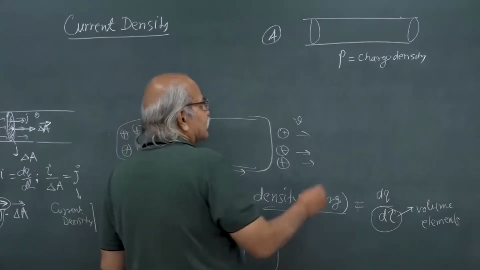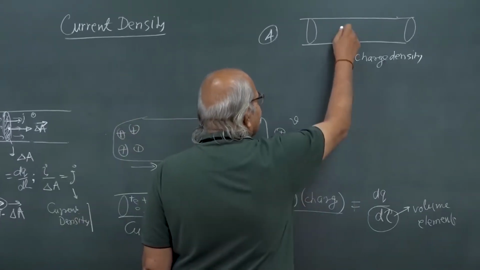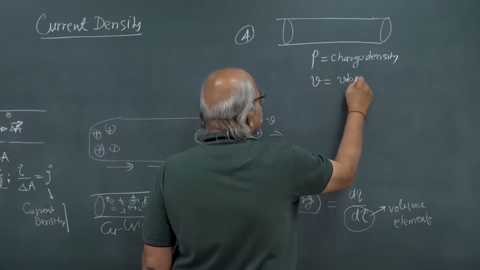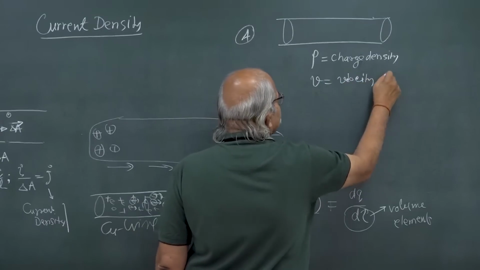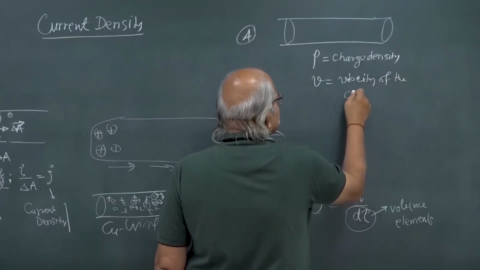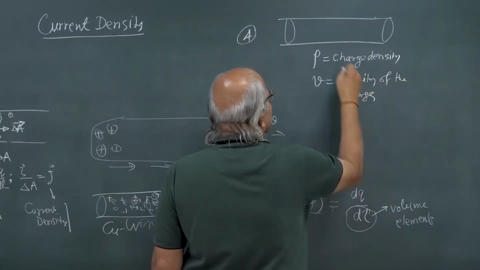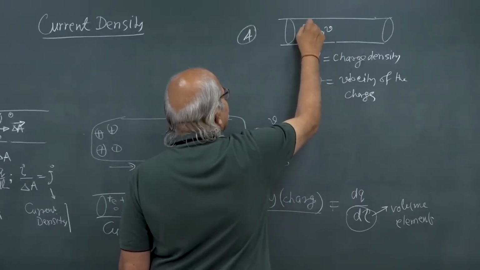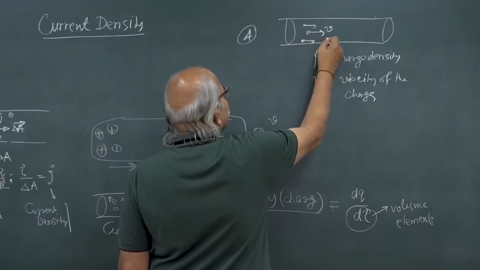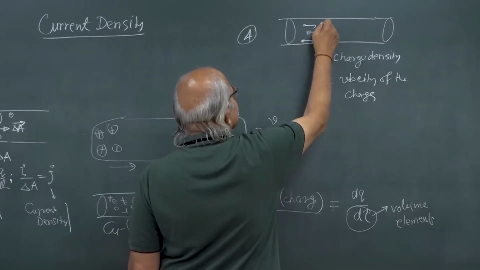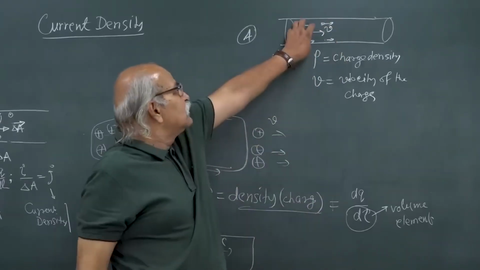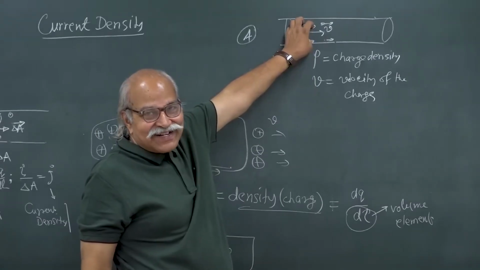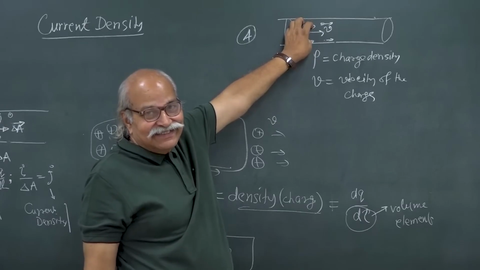So rho is the charge density, and this charge is moving with a velocity v. So this is the velocity direction. All the charges are moving in this direction, and total charge per unit volume is rho, and we are asking how much is the current or current density.